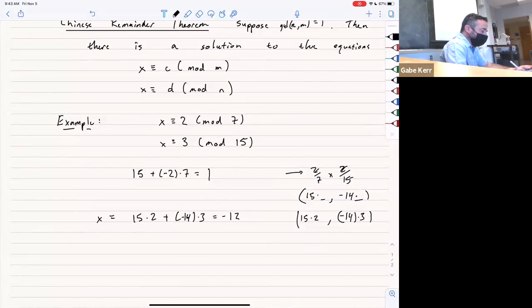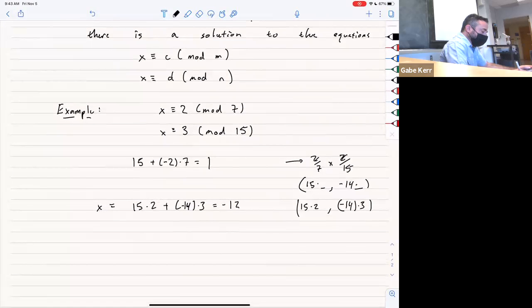If you added 105 to this, you'll get 93. So you can check 93. Yes, 91 is divisible by 7, so 93 is congruent to 2 mod 7, and mod 15 is congruent to 3.